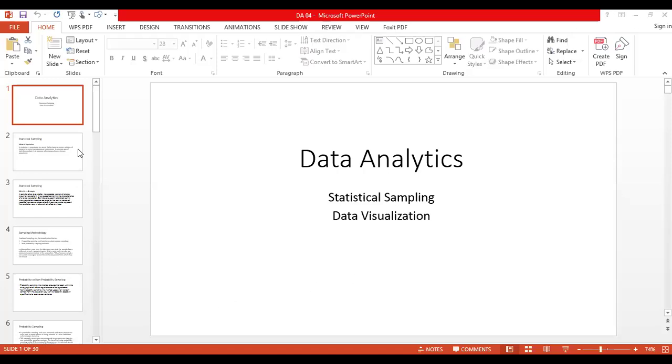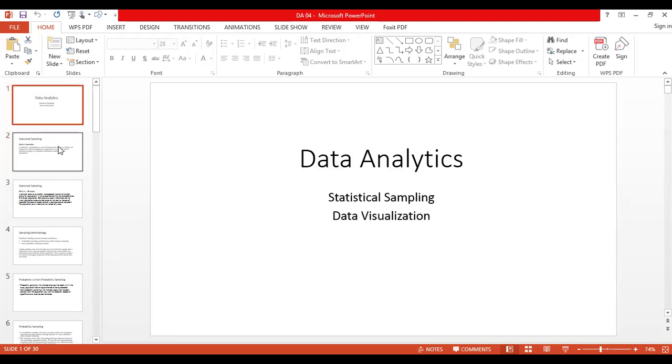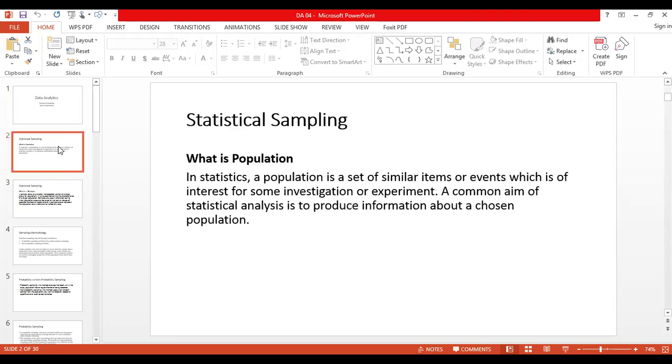In other words, what is a sample? Sampling has to do with collecting of samples, ways and methods of collecting samples. So let's look at some terminology.